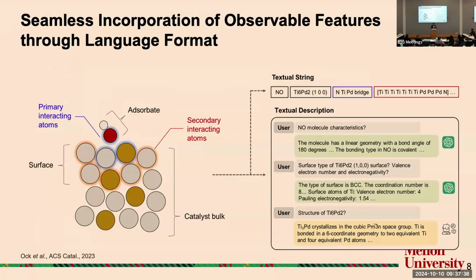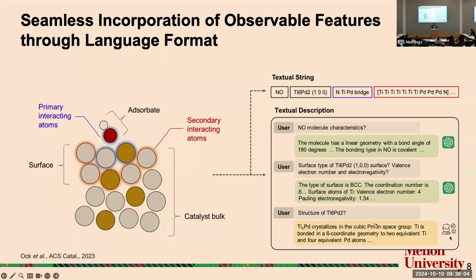So to that end, in this paper in ACS Catalysis, what we did is that we used ChatGPT in order to parse the textual description of a catalyst system, including the adsorbate and then primary interacting atoms and secondary interacting atoms, also using some of the potentials of Robocrystallographer and other tools.